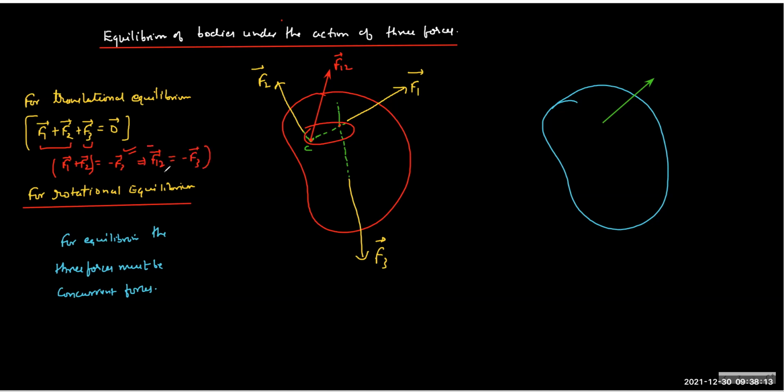If this is the case, it means first of all these two forces must be concurrent. Now this is the wrong diagram, but imagine that this is true. So if we have two forces, F1 and F2, and let's say their resultant is somewhere here, just choose any.